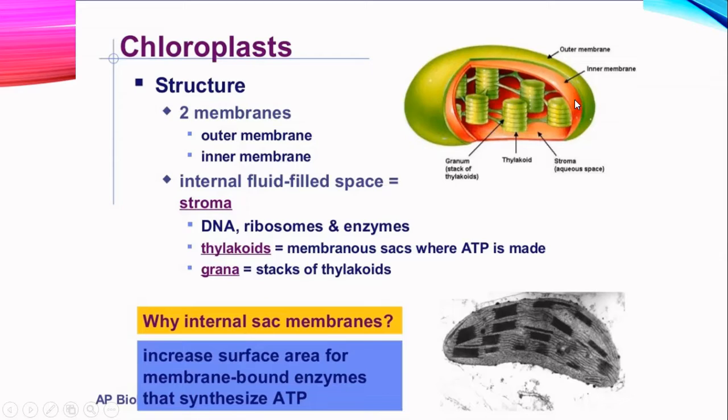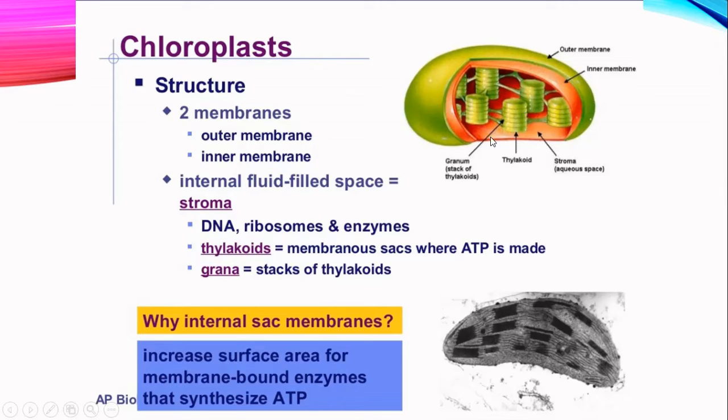Then the inner one, we have the inner membrane represented by an orange layer. What's inside the chloroplast? We have the stacks of thylakoids. So mura siya coins. Thylakoids are like a stack of coins. And the space is called the stroma.